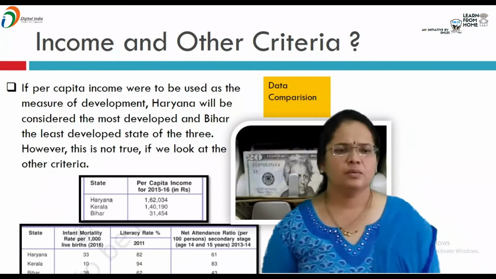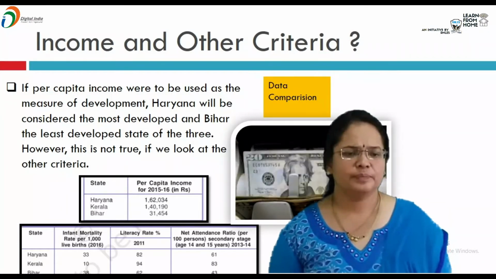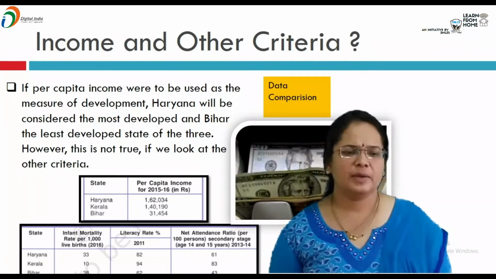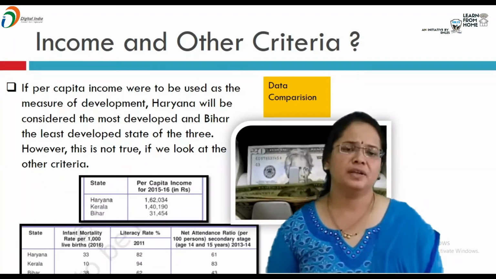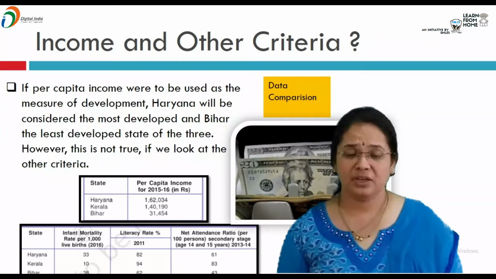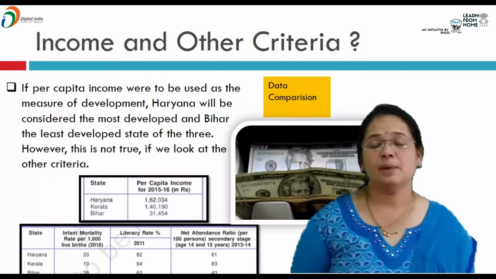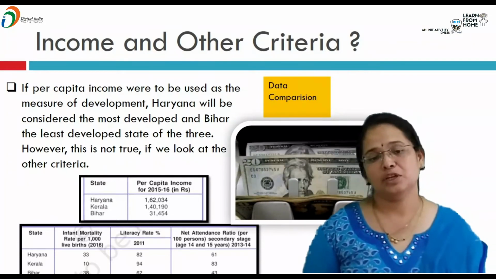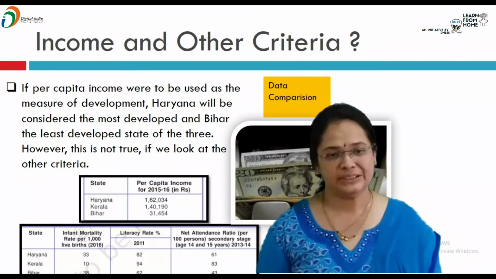development, or we can say that in the case of the last one, Haryana, Kerala and Bihar are measured in the case of the infant mortality rate, the literacy rate and the net attendance ratio. The upper table is also showing you the per capita income of the states.